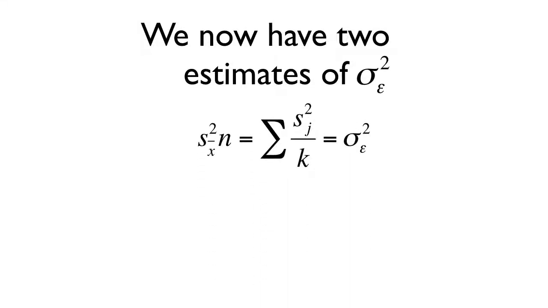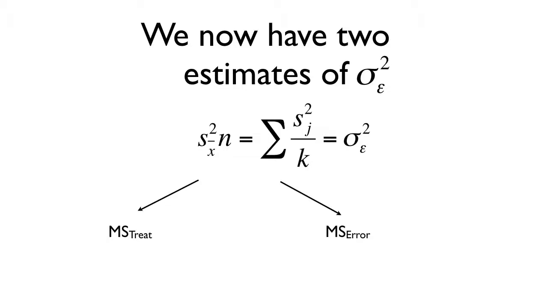S squared sub x bar times n should equal the sum of the variances over k, and should equal sigma squared sub epsilon. Those two things on the left part there should be equal. That's called mean squared treatment. It's called mean squared error.